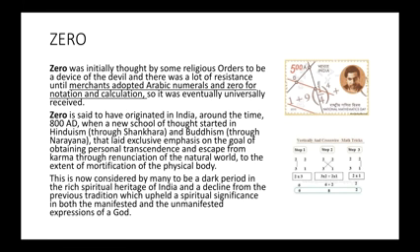Now, zero was initially thought to be a device of the devil, and there was a lot of resistance until, as we said, the merchants adopted Arabic numerals and zero for notation and calculation, so that was how it became more widespread.